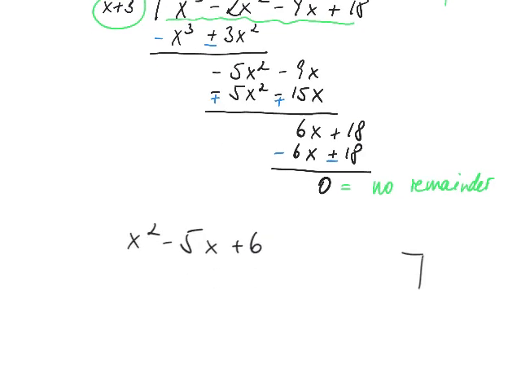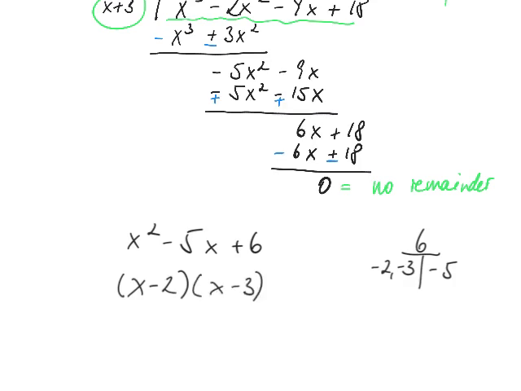So we take our 6 and we find two numbers that if we multiply them we get 6, and if we add them we get minus 5, and the two numbers would be minus 2 and minus 3. Minus 2 times minus 3 is 6, minus 2 plus minus 3 is minus 5, and here now we have our two factors, x minus 2 and x minus 3.